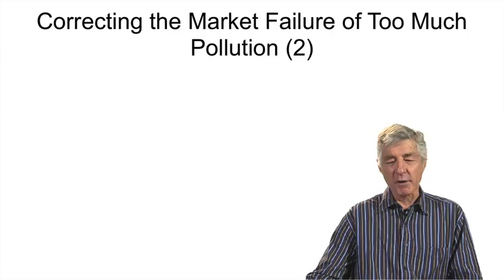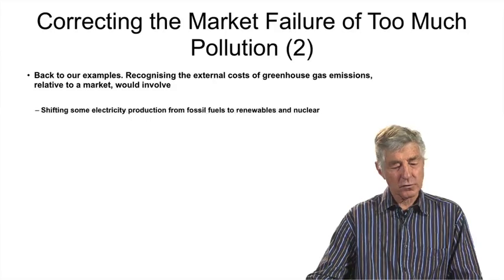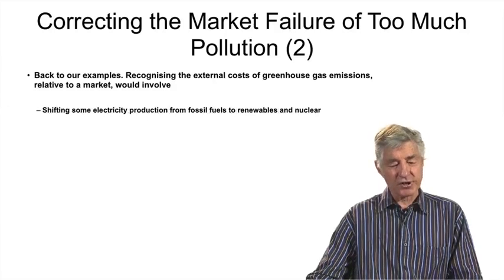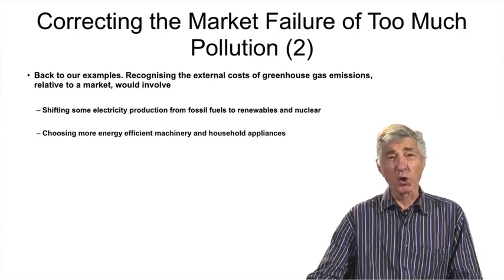So how do we correct the market failures for too much pollution? Well, back to our examples, we want to recognise the external costs of greenhouse gas emissions. So we'd have to shift some electricity production from fossil fuels to renewables. We'd have to choose more efficient machinery and household appliances.